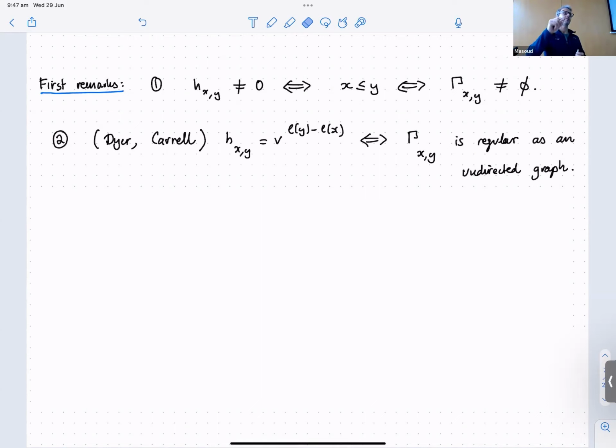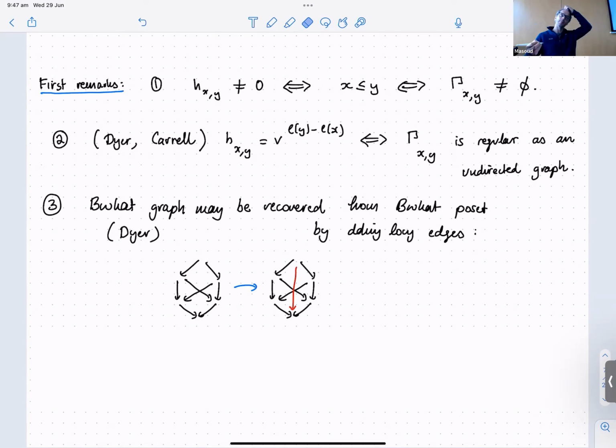Another thing, this is also proved in Dyer's thesis, is that if I just give you Bruhat order, you can get back the Bruhat graph. It's very important. So I do the following procedure. Whenever I see a configuration, a subgraph isomorphic to the thing that I've drawn, I add a long edge, and then I repeat. It's a subtle point.